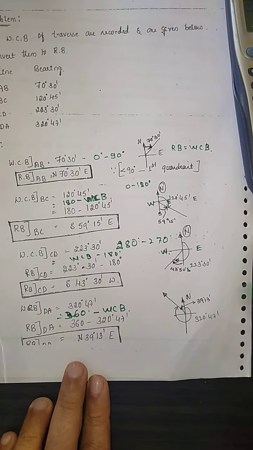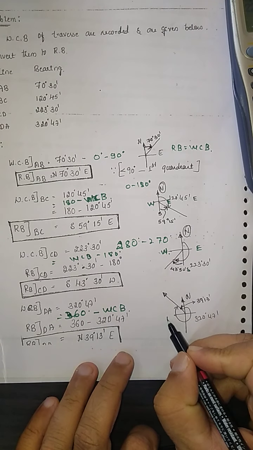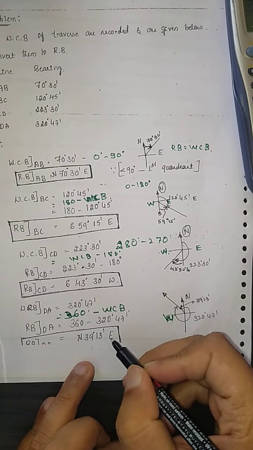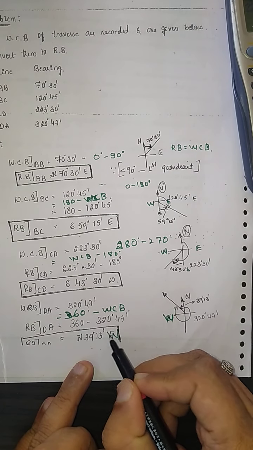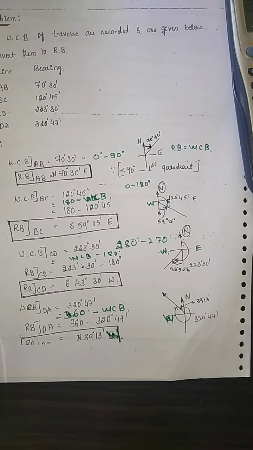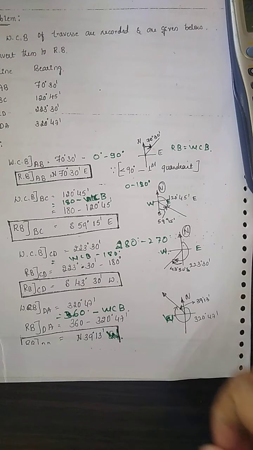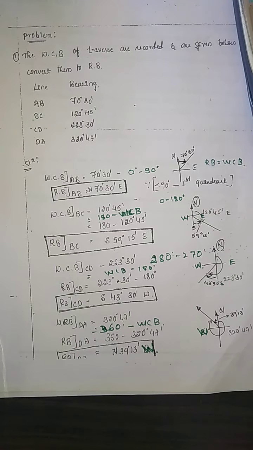It comes between north and west, in the northwest. So north 39 degrees 13 minutes west. Okay, so this is how you have converted all the whole circle bearings to the reduced bearing system.